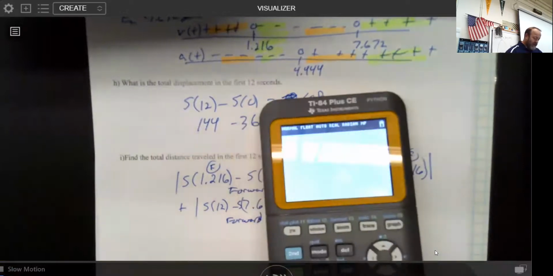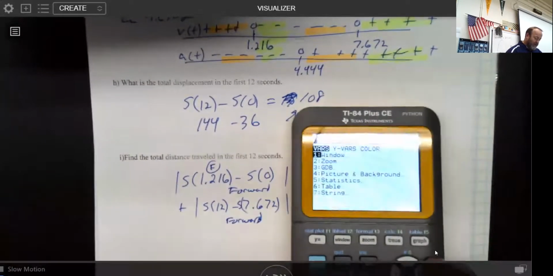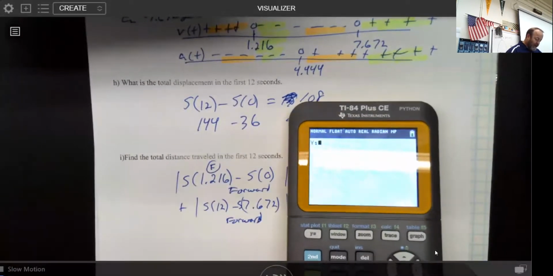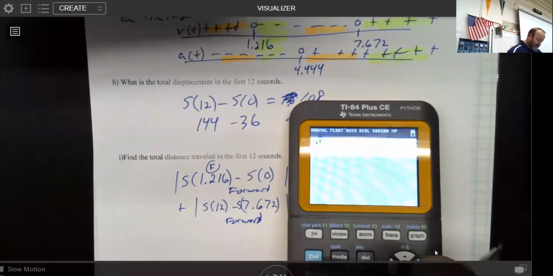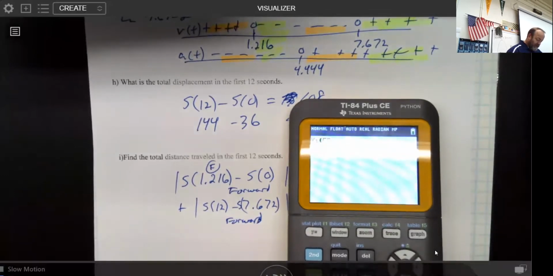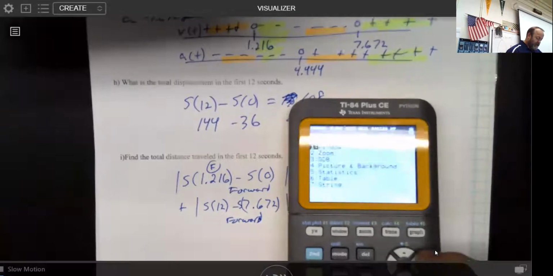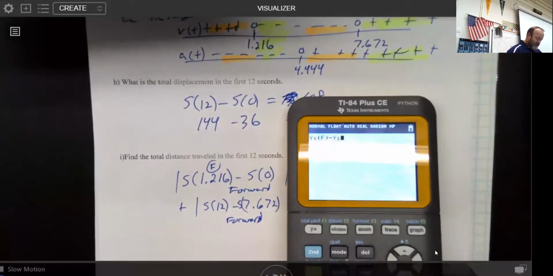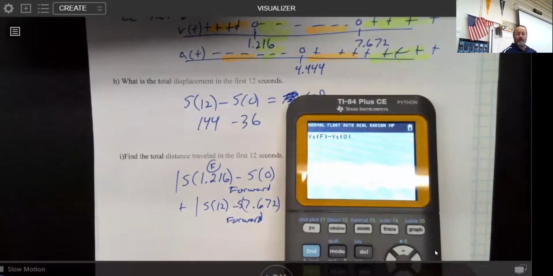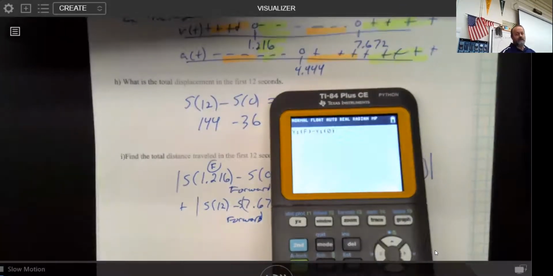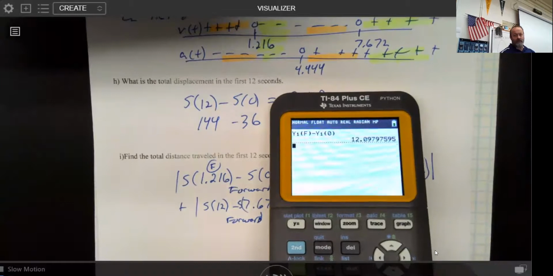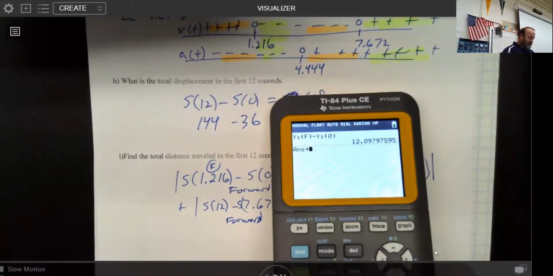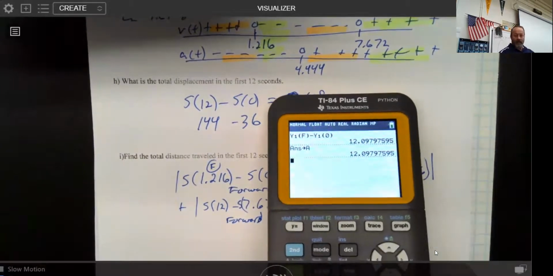So I'm going to start off with vars y vars, y1 of F minus vars y vars y1 of 0. Now this would just tell me how far forward it went. So I'm not going to need the absolute value on this one because it's automatically going to be positive because we knew it was going forward. I'm going to help myself out and just call that A.